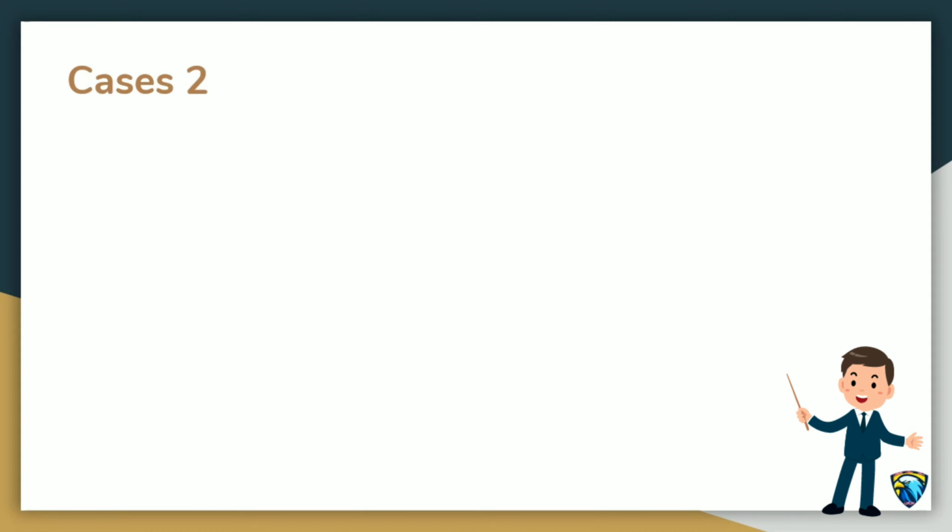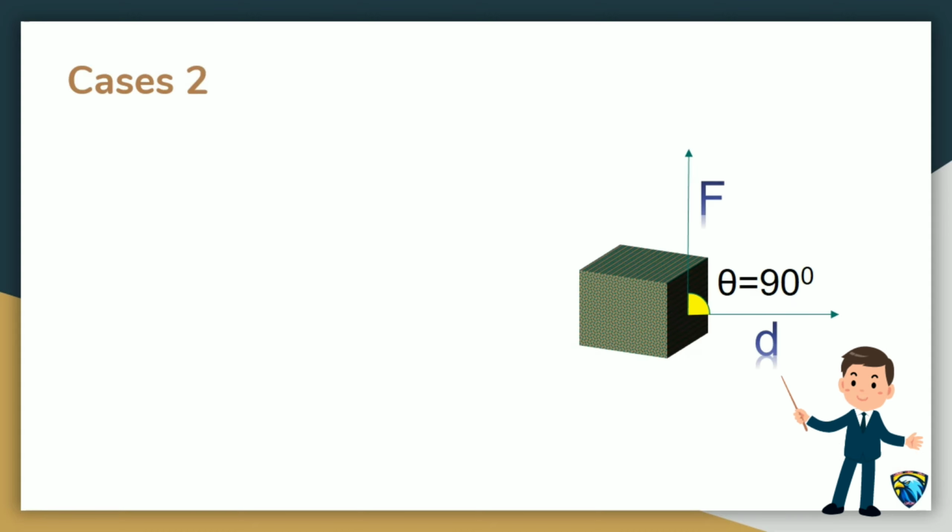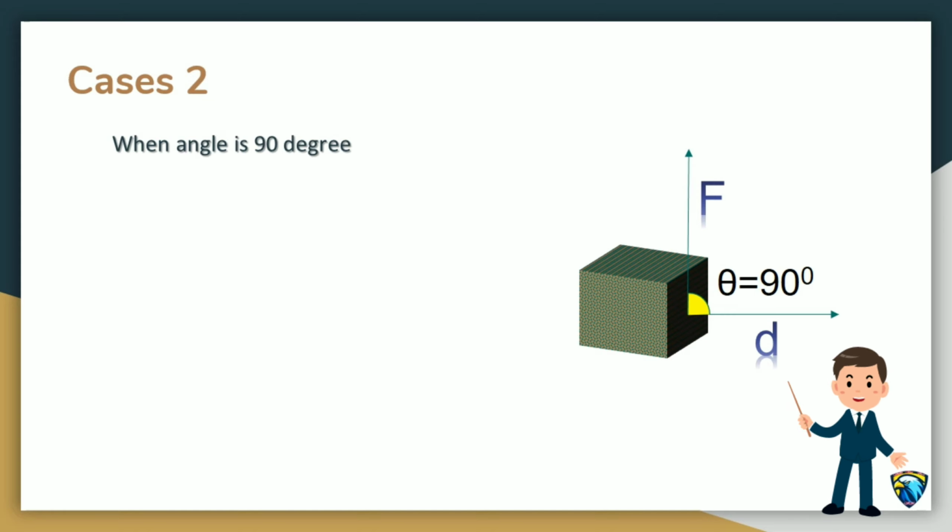Now move toward case number 2. In case number 2, the angle is equal to 90 degree between force and displacement. The formula is W equals to Fd cos theta. As we know, cos 90 equals to 0, so the work done became 0.